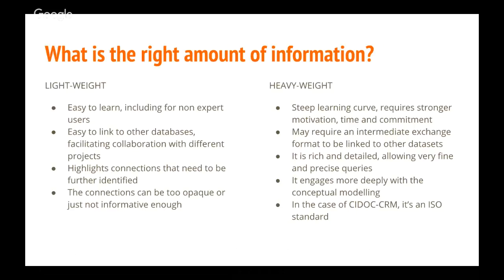So a lightweight approach like the open annotation approach is very easy both to learn, especially for people that don't have a lot of digital expertise, and it's also relatively quick to create and produce the linked open data. It is easier to link to other resources, but of course, at the same time, the quality of the connections that you're making is not as rich as it could be.